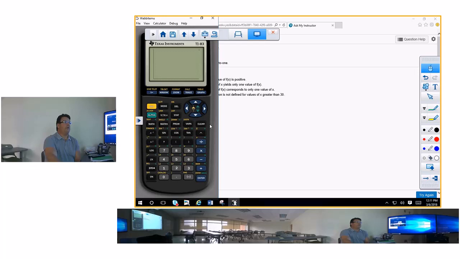From the previous graph, this is all zoomed out. So let me zoom. I'm going to try zoom fit because that usually does a little bit better.